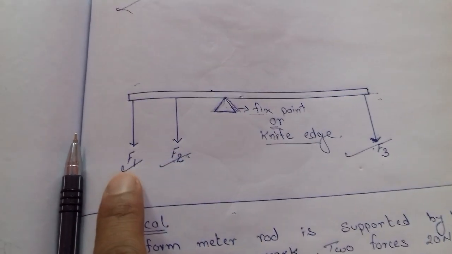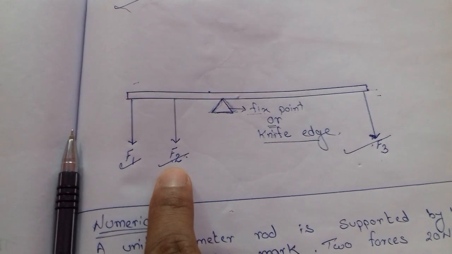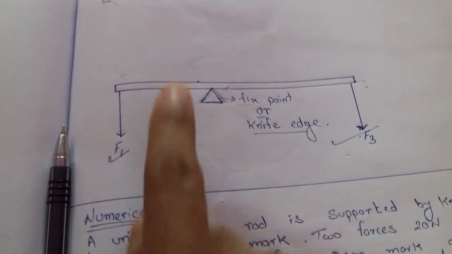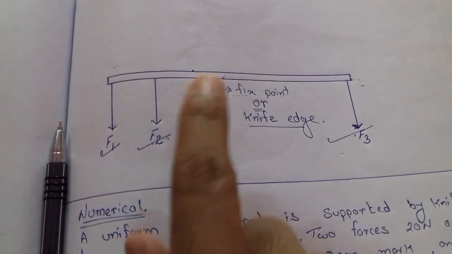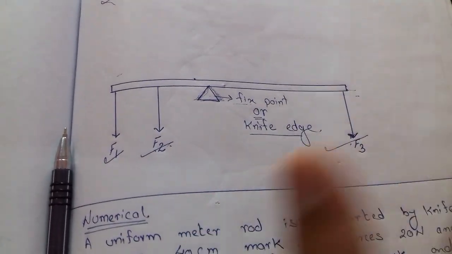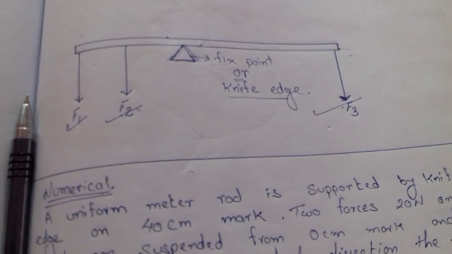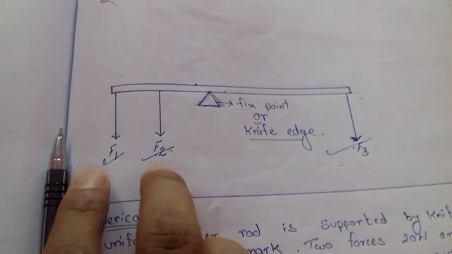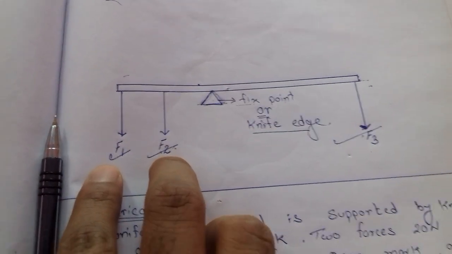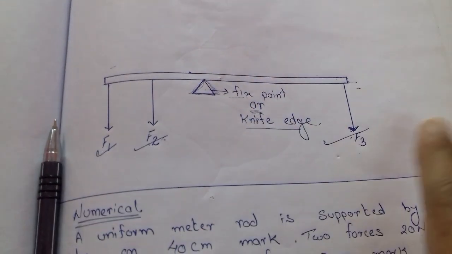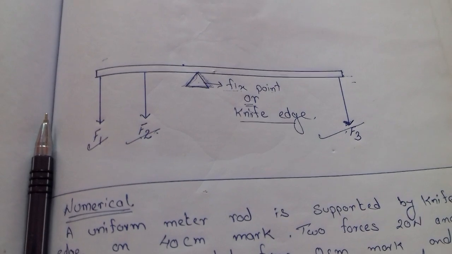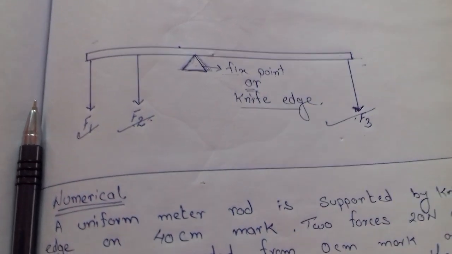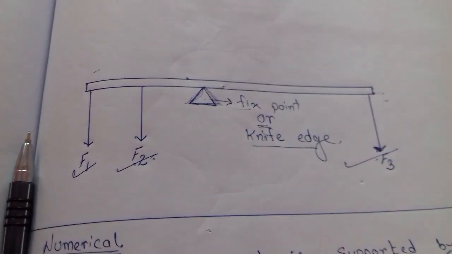Therefore, F1 and F2 give the anti-clockwise turn to the rod, and F3 gives the clockwise turn. If the rod is in equilibrium, then the sum of the moments due to these two forces will be equal to the moment due to F3. If not, the rod will turn either in an anti-clockwise or clockwise direction.